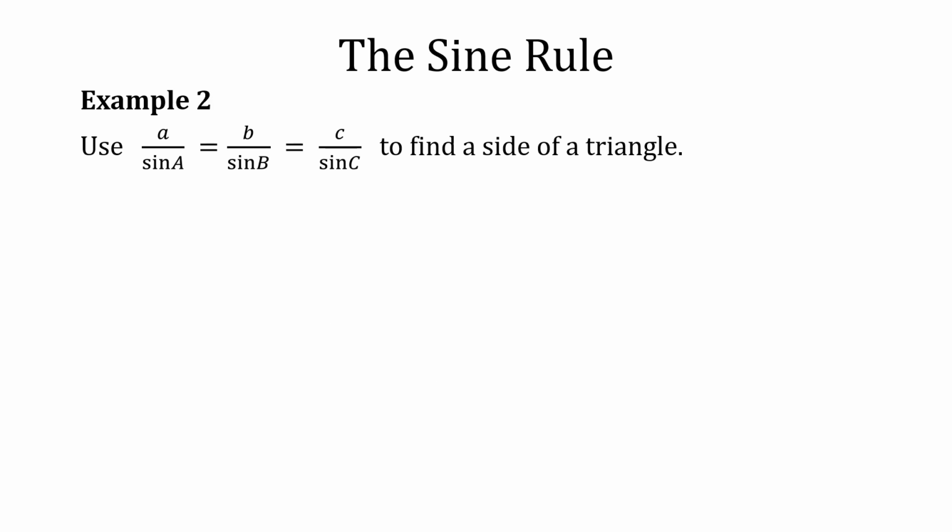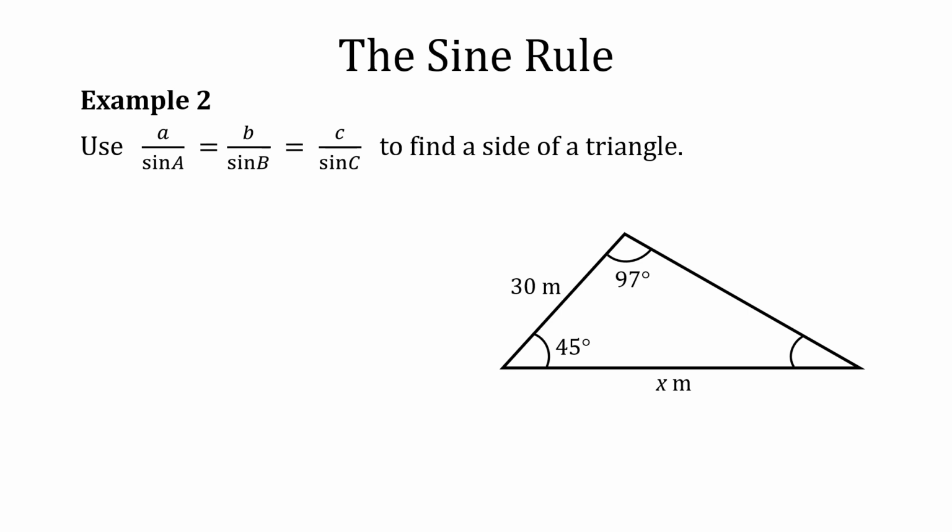In the second example, still using this formula to find a side of the triangle, we have here an unknown side and the opposite angle is given. But if you look at the other given side, the opposite angle is not given. But we can easily find it using the fact that the sum of angles in a triangle is 180 degrees.